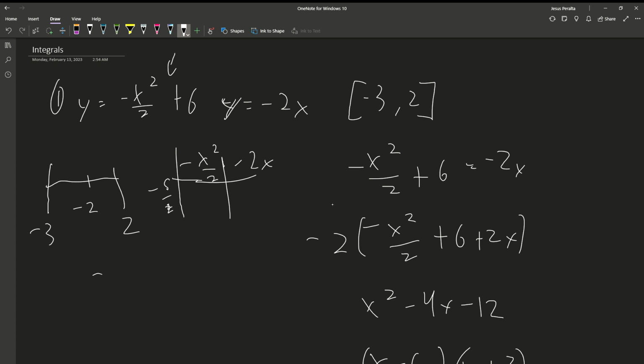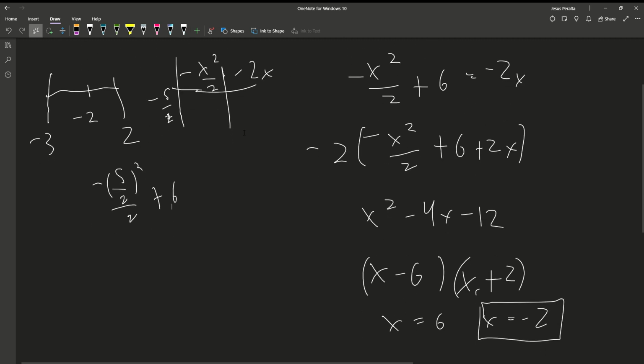So we're going to have negative 5 over 2 squared over 2 plus 6. I'm going to do this a bit fast. So we're going to have negative 25 over 4, which is also going to give us negative 25 over 8, if I'm not wrong.